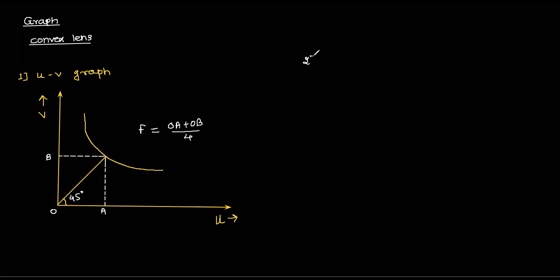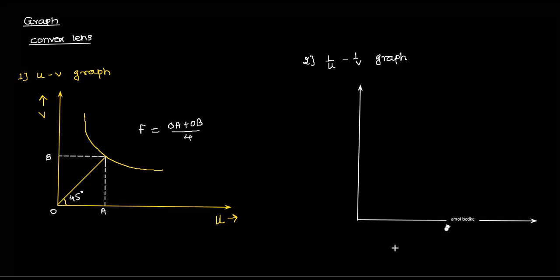So that is 1 by U versus 1 by V graph. This graph is coming like this.